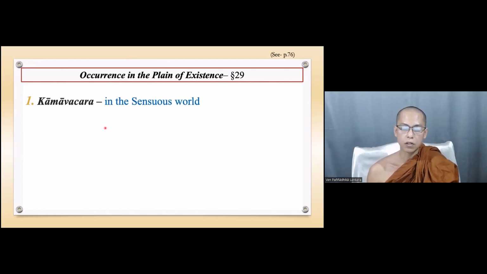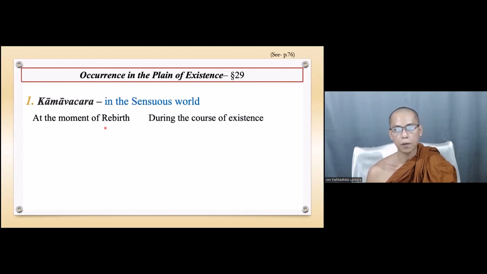In the 11 sensual world, how many materialities, how many clusters, and when they start, we will study. And also, we will divide as the material phenomena that arise at the moment of rebirth, and also material phenomena that arise during the course of existence. So there will be differences.